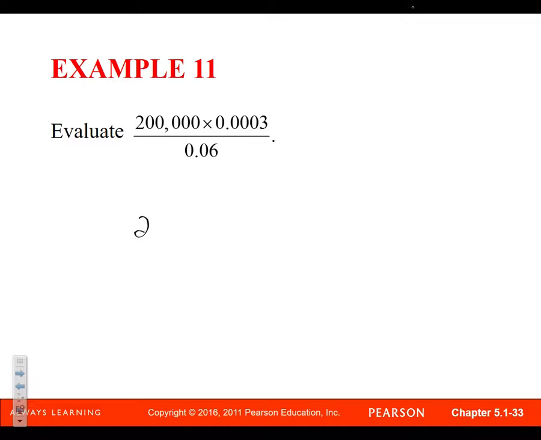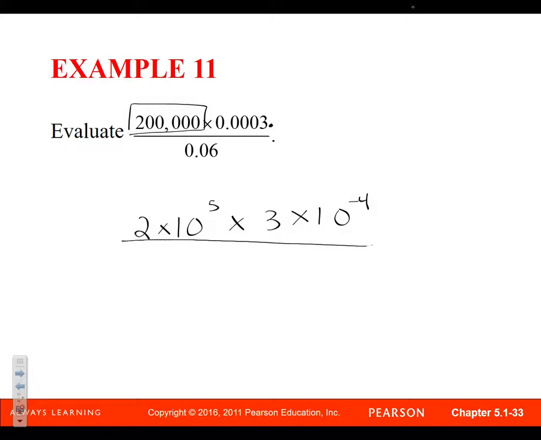So this is going to be 2 times 10 to what power? 5, thank you. Times 3 times 10 to some power. What power is that? Negative 4, because it's got to end up here. So negative 4 over 6 times 10 to the negative 2.